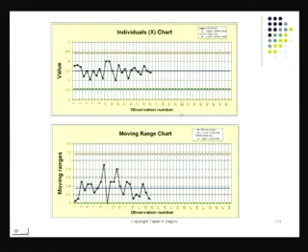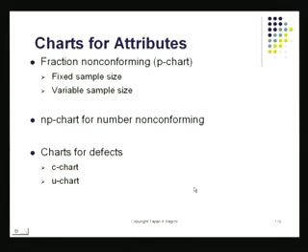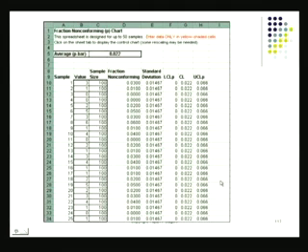So I have my individual chart there and also the moving range chart. And the moving range chart will give me the signal just like I get my signal from a range chart. No real problem there. Then I've got these attribute charts, and again I can set up an Excel sheet to do this. I key in all my data, I set up some of the cells with the appropriate formulas, and I got these formulas because I know where they come from.